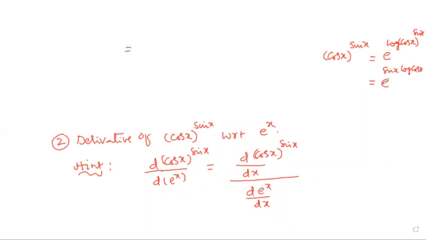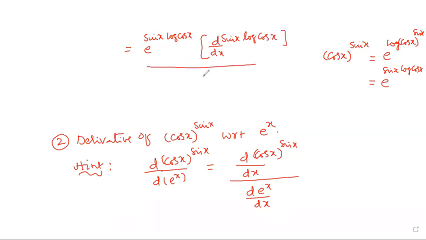Now I will write it very simply. The derivative of e power of sin x into log of cos x is the same, e power of sin x into log of cos x. Next, the power is not a single function, so by the chain rule we need the derivative of sin x into log of cos x, divided by the derivative of e power of x.